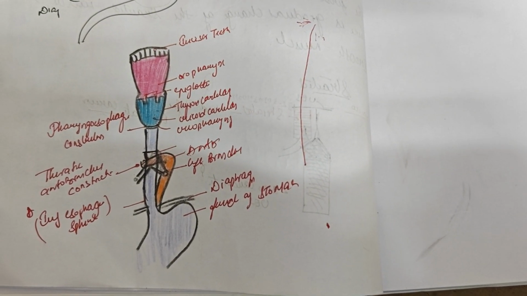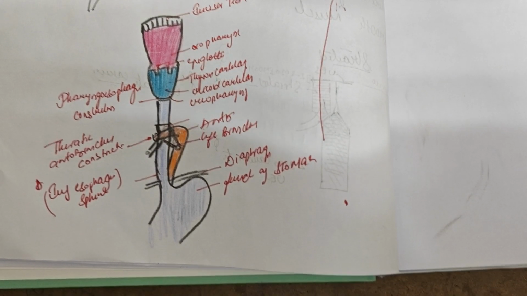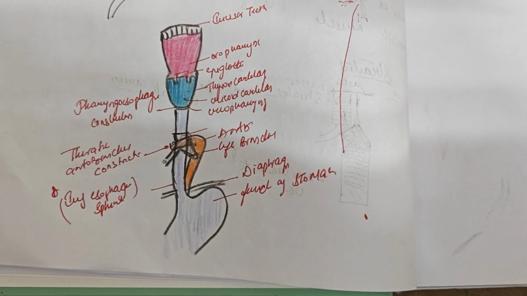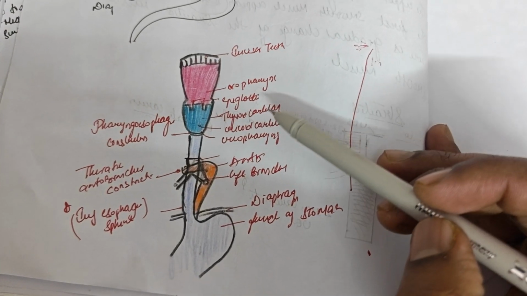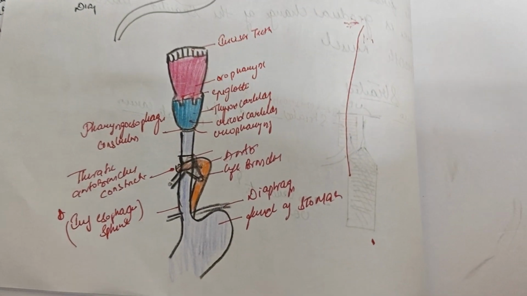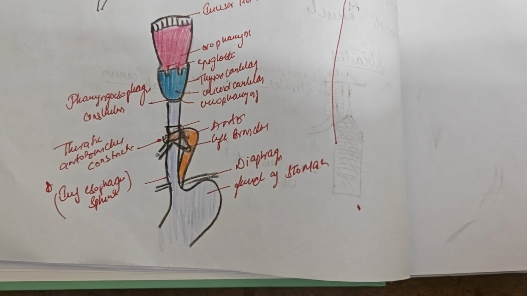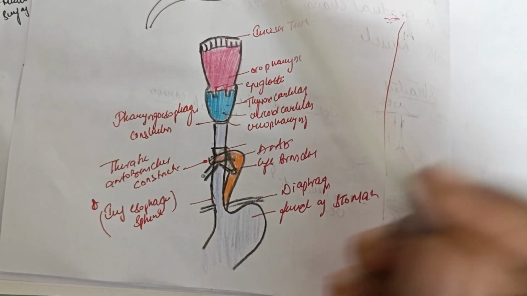The first constriction is of 14 mm. Where exactly is it? You have the cricopharyngeus, which we have already discussed. The cricopharyngeus muscle is one constriction, at 14 mm. Then you have the broncho-aortic constriction at the level of T4.